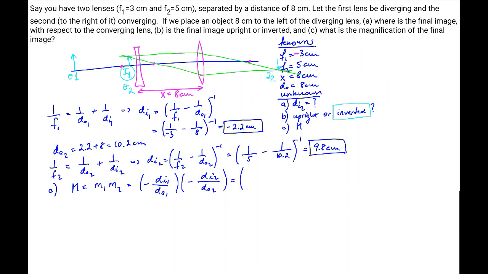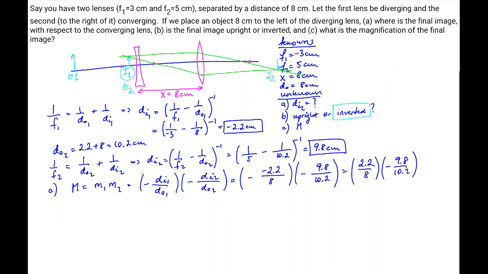That is negative of negative 2.2 centimeters divided by do1, which was 8 centimeters, and then the other one is di2, so that's 9.8 divided by the object distance, which was 10.2. I'm going to just play with the pluses and minuses here. The two minuses become a plus, so I'm going to leave it as 2.2 divided by 8, and then I have here negative 9.8 divided by 10.2.